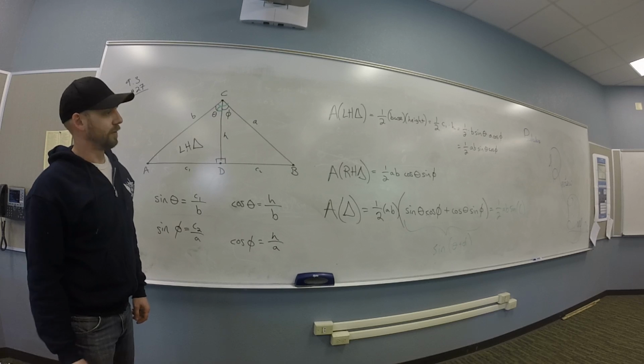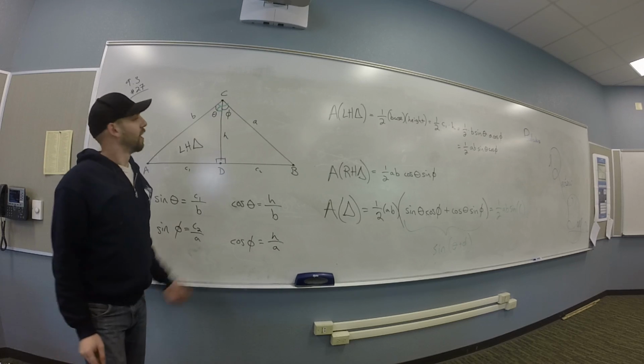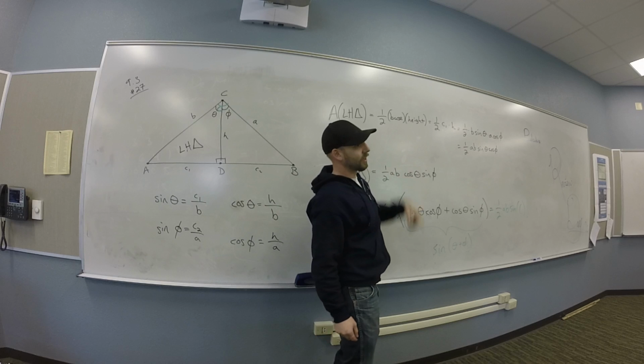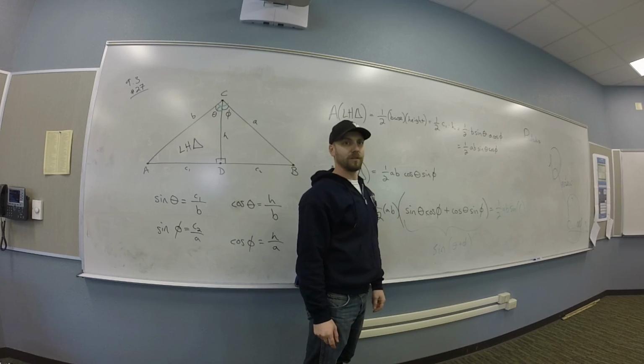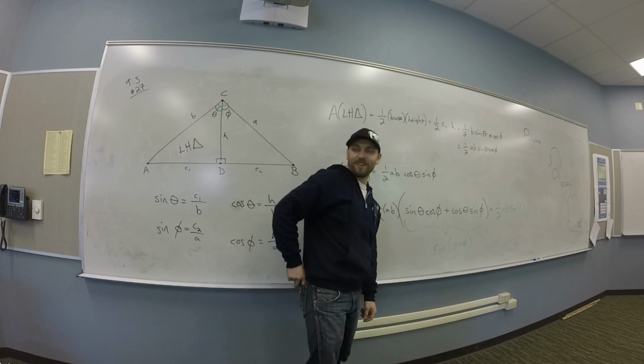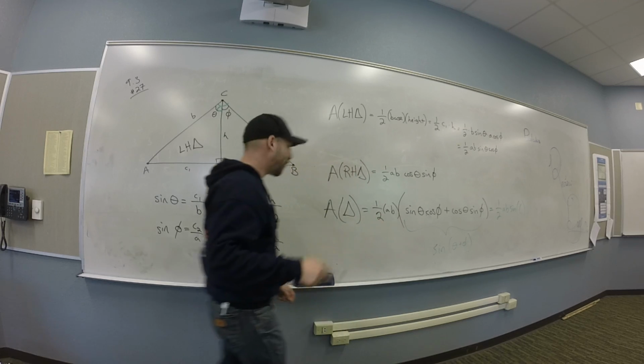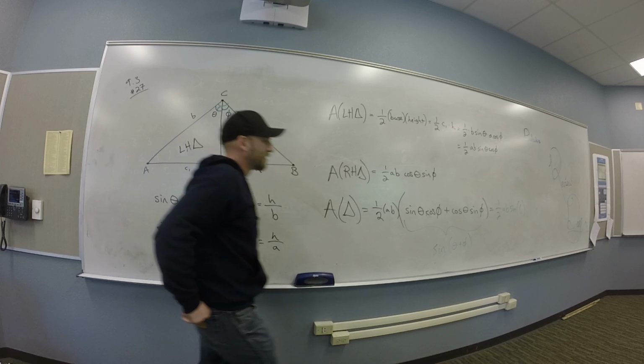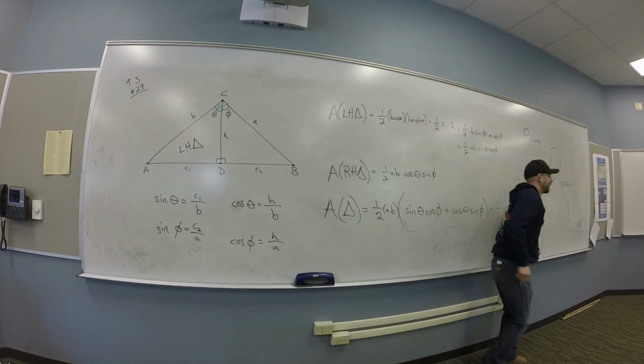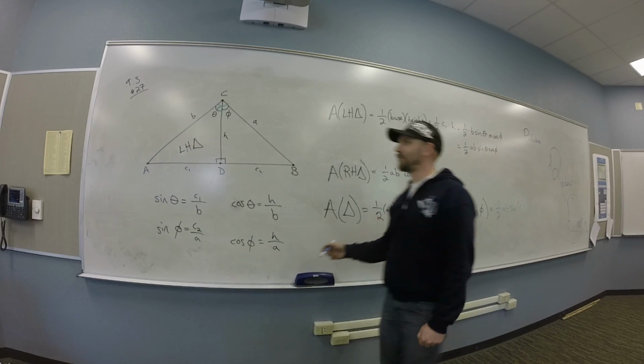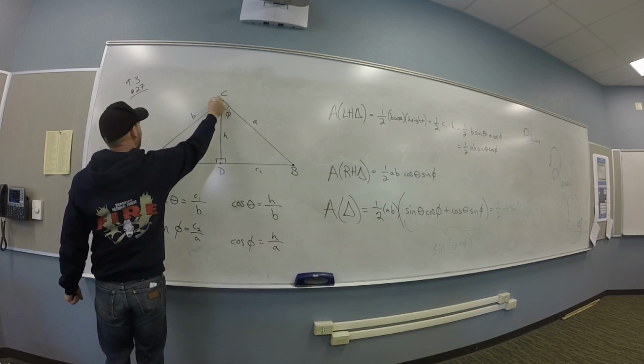Thought that was going to be more fun. How do you prove this thing about a half the base times the height? How do you know that's true? Because you've always been told, so you go with it. So why is that true in general? Because it's half of a rectangle.